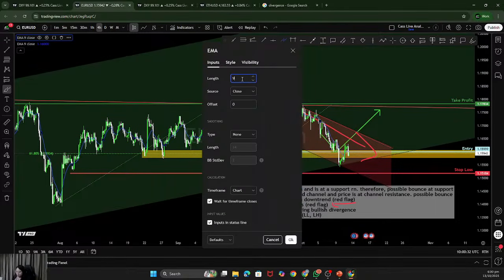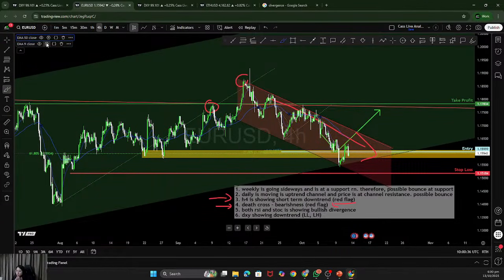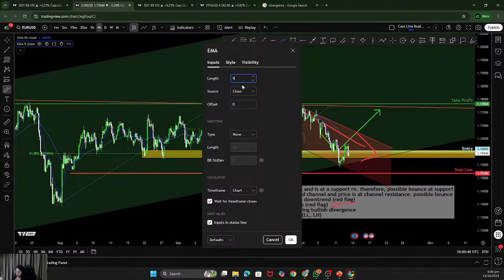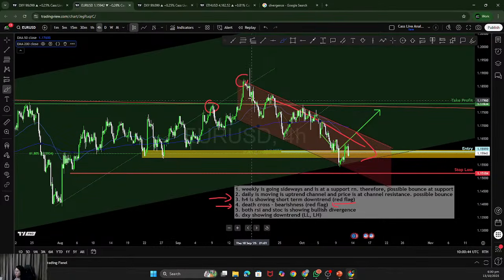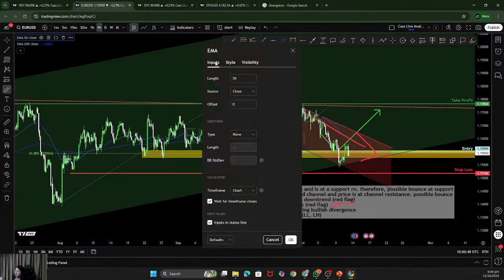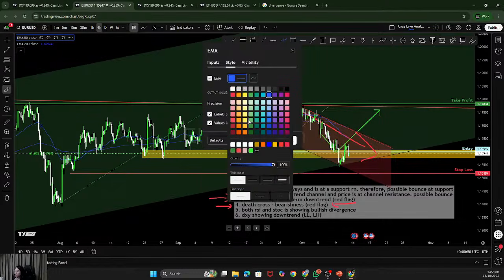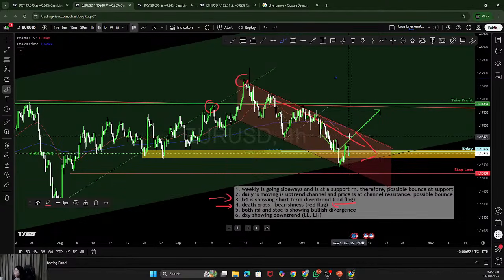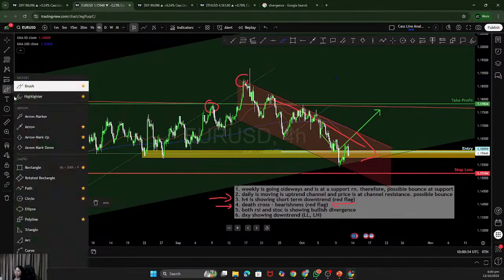You can see that I'm gonna change this to red again. The 50, the smaller one is 50. Okay, the red, it could just be a fake out just like this.